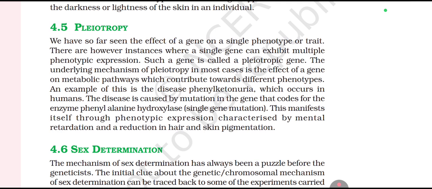An example of this is the disease phenylketonuria, which occurs in humans. The disease is caused by mutation in the gene that codes for the enzyme phenylalanine hydroxylase (single gene mutation). This manifests itself through phenotypic expression characterized by mental retardation and a reduction in hair and skin pigmentation.